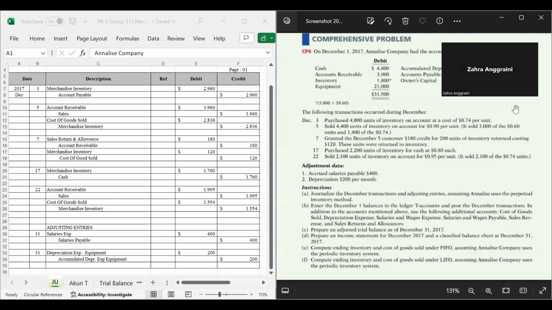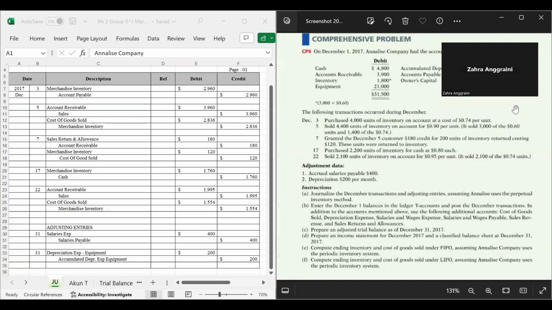Okay, the next is the adjustment entries. Based on the adjustment data, there are two items that must be adjusted. The first, accrued salaries payable for $400. So it is recorded in the journal with salaries expense in debit and salaries payable in credit for $400.